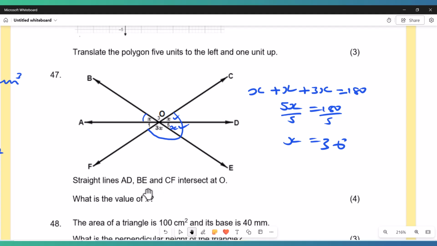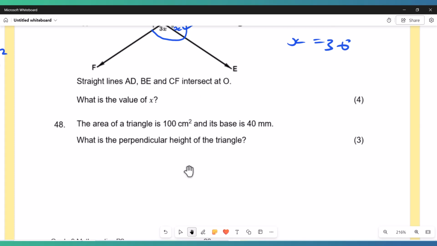Now they say 48 here that the area of the triangle is 100 and its base is 40. They want the perpendicular height of the triangle. So we know, how do you find the area for the triangle? Area equals a half times base times height. Okay, so the area was given as 100. Now these are centimeters. So what about the base?